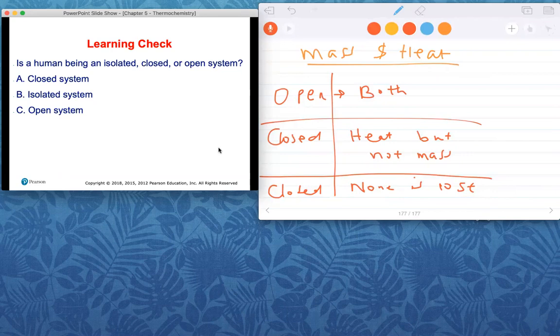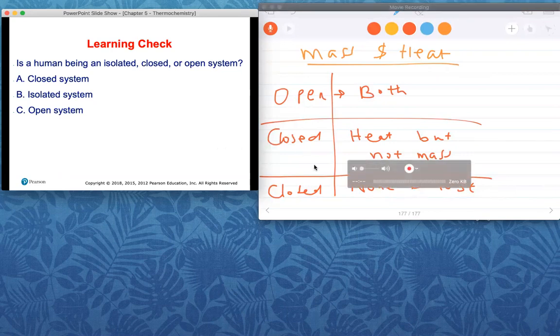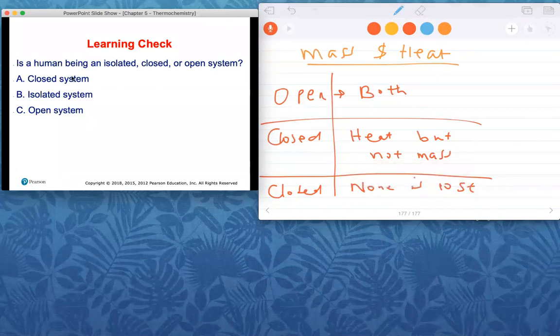If you look at the closed system right here, let's say human being and think about using yourself. Of course, it depends. You can argue, but they didn't give us a condition, because sometimes people lose weight, but there must be some condition, right?